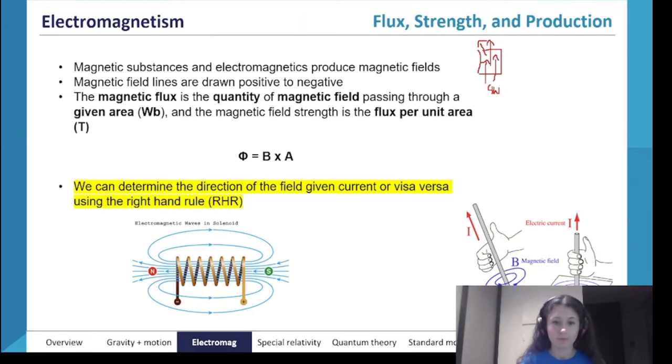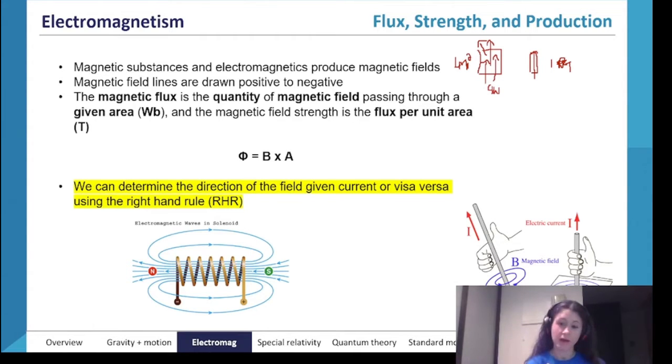However, if we wanted to find the magnetic field strength, and this was, say, 4 meters squared, then 1 meter squared per unit area is only going to have a magnetic field strength of 1 Tesla. So the magnetic flux tells us how many lines pass through any given area at all.